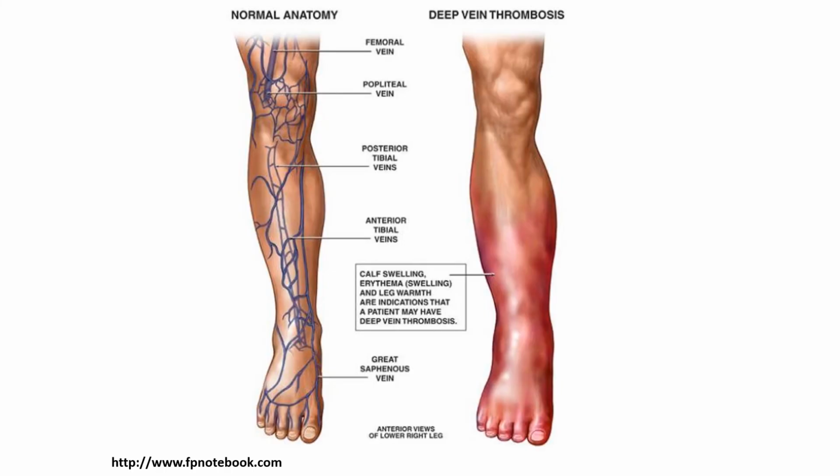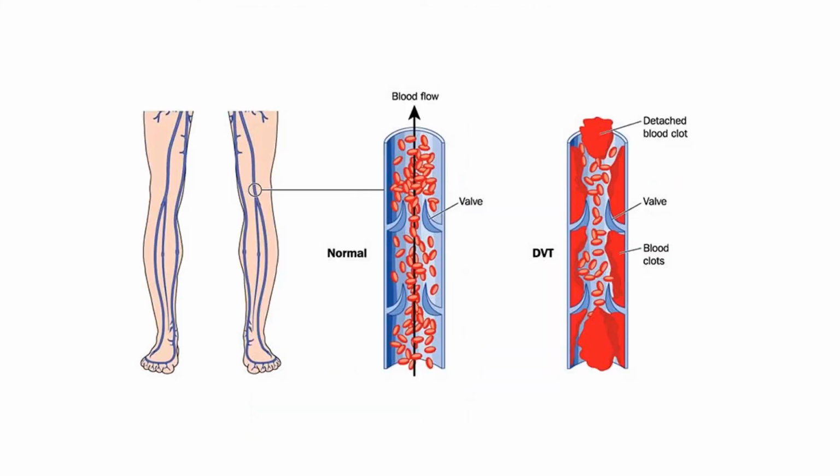Okay, so this is a thrombus in a blood vessel. We said in the lower limbs, if you get a venous thrombus, this will lead to swelling and prominent discoloration of the lower limb. If part of this thrombus becomes detached and goes to the lung, this will lead to pulmonary embolism.